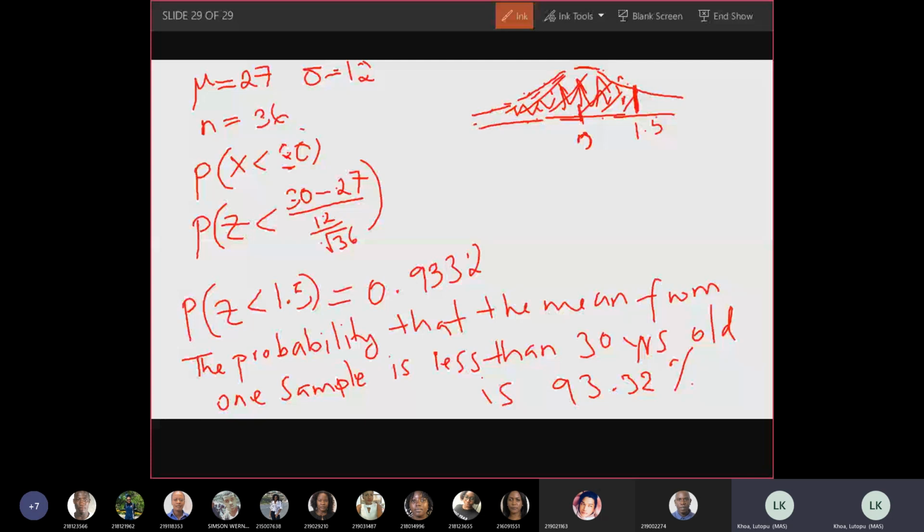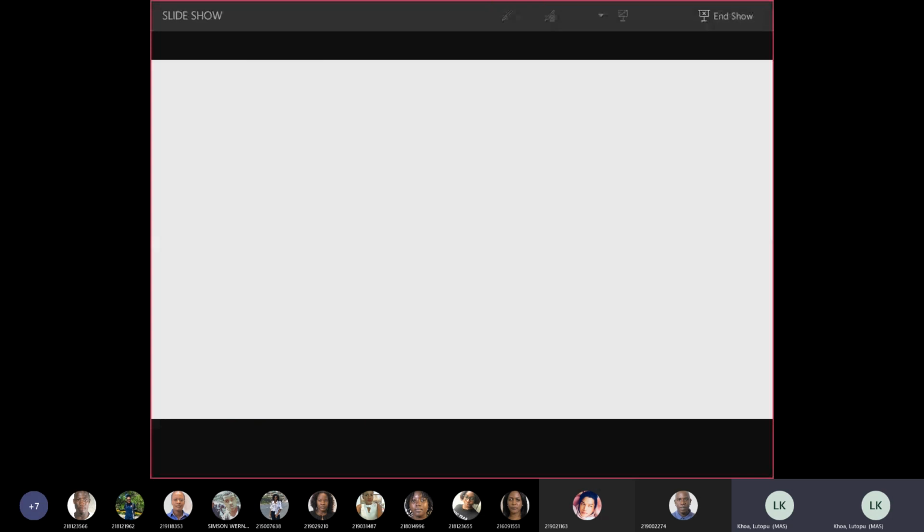Okay, I want us to do just one more before we go. Number 2, we're told that an electronics company manufactures resistors that have a mean resistance of 100 ohms.